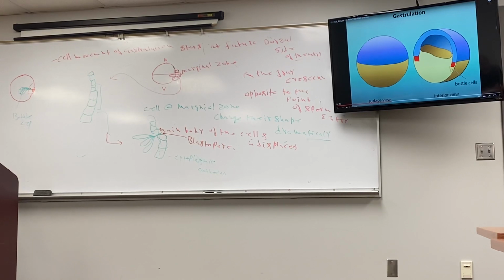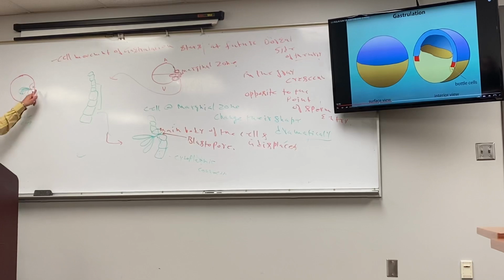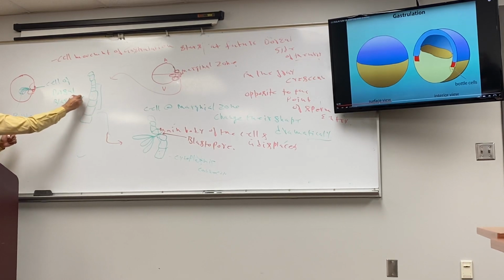Making sense or no? So you have now a blastopore lip here. And the cell which is here, this is called the cell of the dorsal blastopore lip.